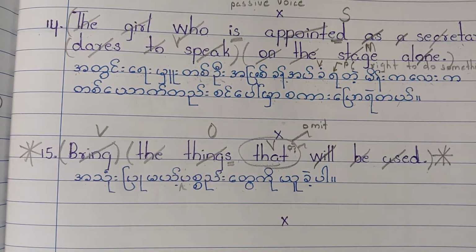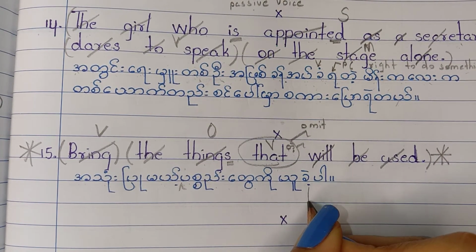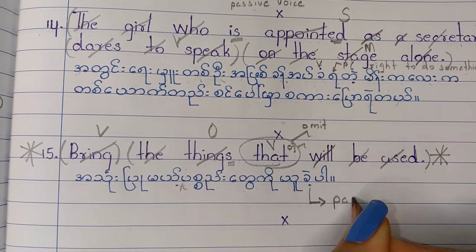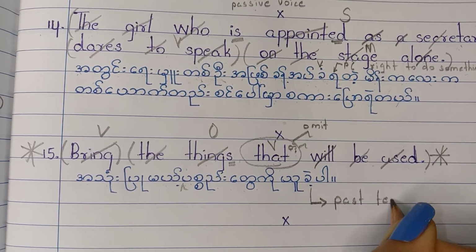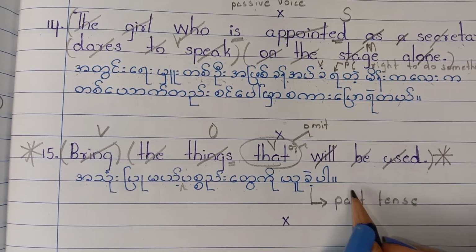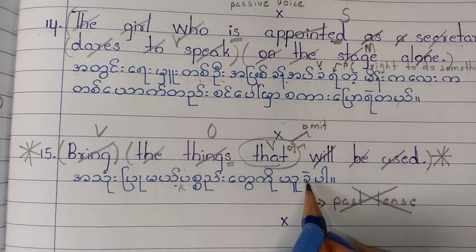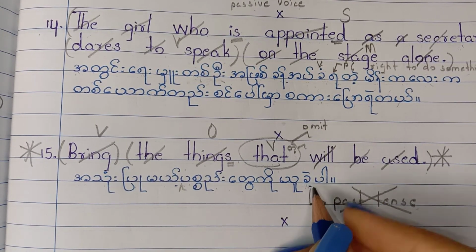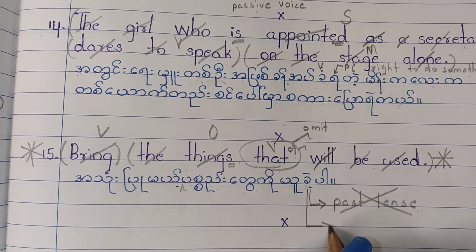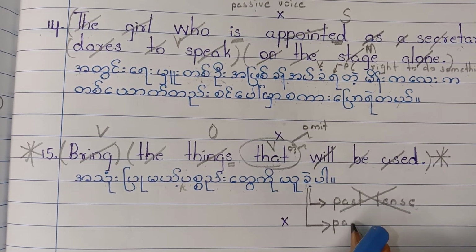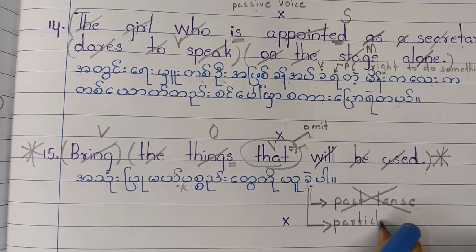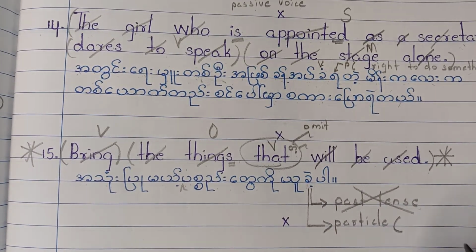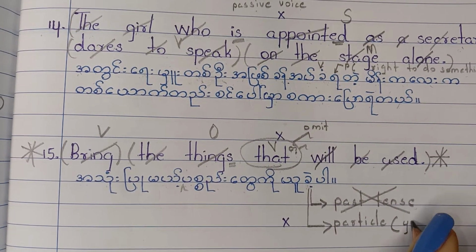In here, you can ask me, hey, May Thet, that is for the past tense. Okay, you can ask me like this. No, in here, that is not for the past tense. This K is not for the past tense. In here, K is like a particle. That means like you order.